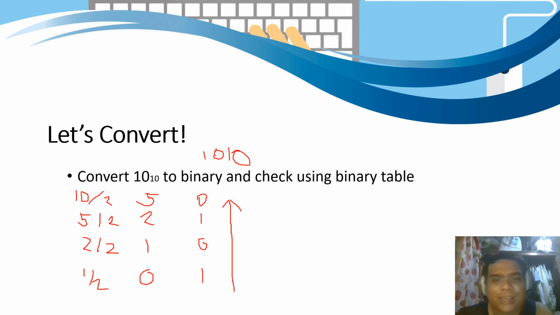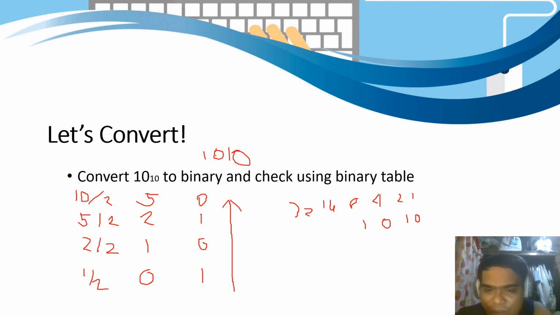Okay. Now, let's check using binary table. So, in binary table, di ba remember you have 1, 2, you have 4, you have 8, you have 16, 32, and so on, so forth. Nailagay natin si 0, si 1, si 0, at si 1.